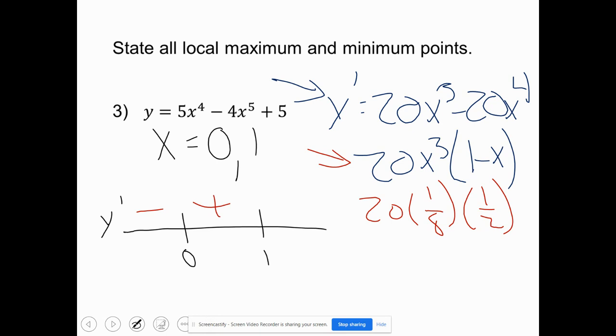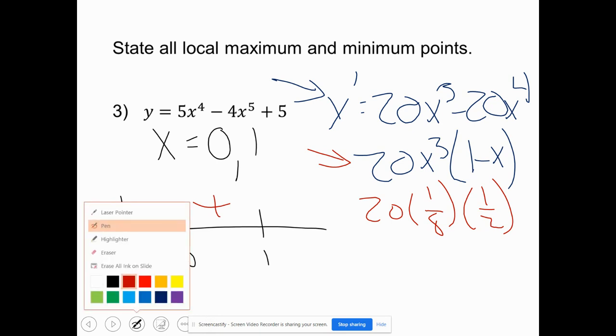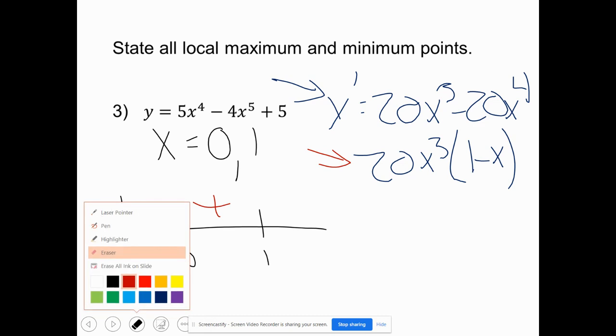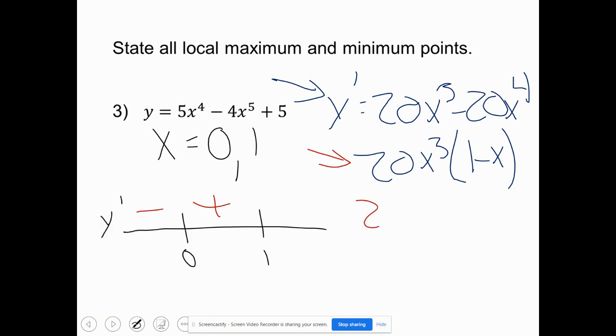And then once you do the same thing for numbers greater than 1, I'm going to pick 2. 20 times 2 cubed is 8. 1 minus 2 is -1. And a positive times a negative is a negative.